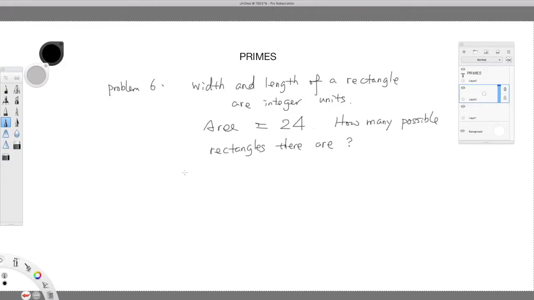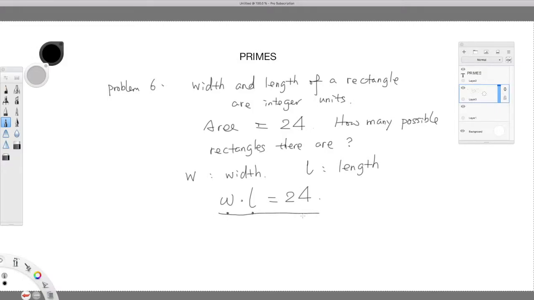So if we assume the width is W, the length is L, we know both W and L are integers, right? Given integer units. So we know that W times L equals 24. And we're really asking how many possible rectangles there are. It's really asking how many different combinations of W and L such that W times L equals 24.